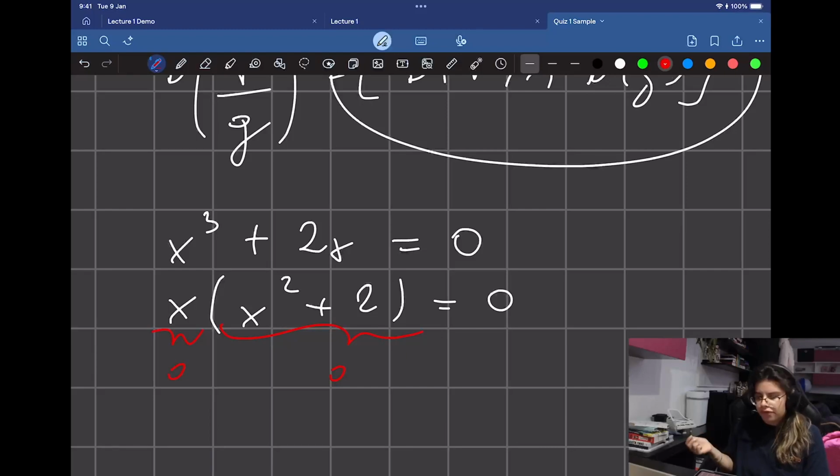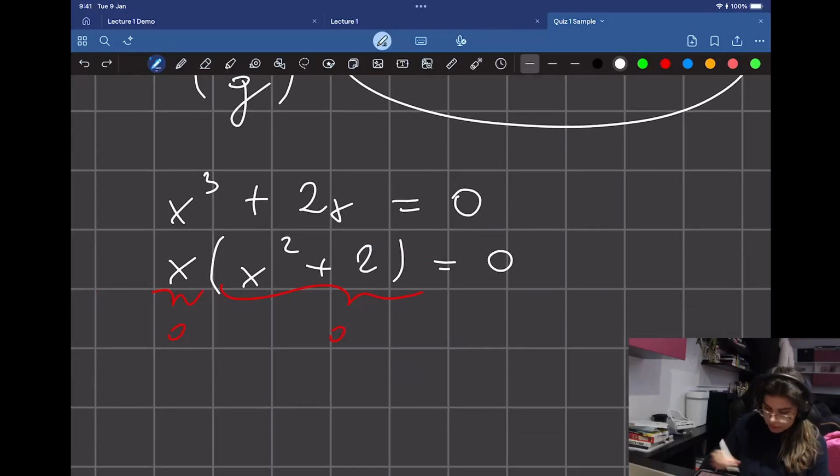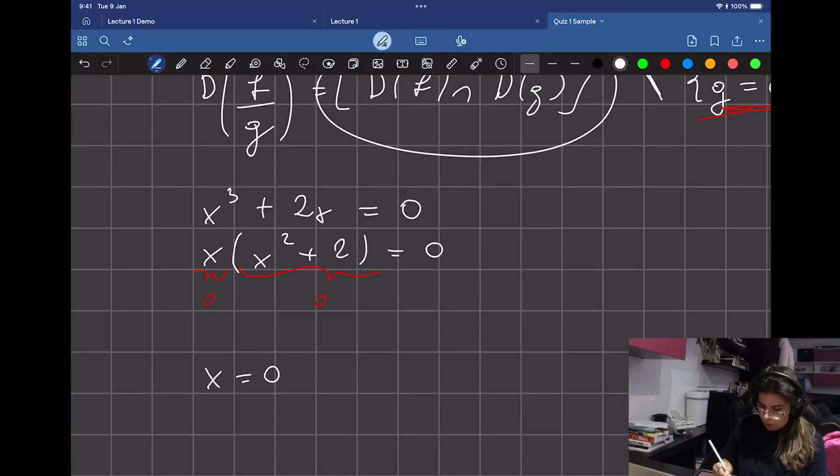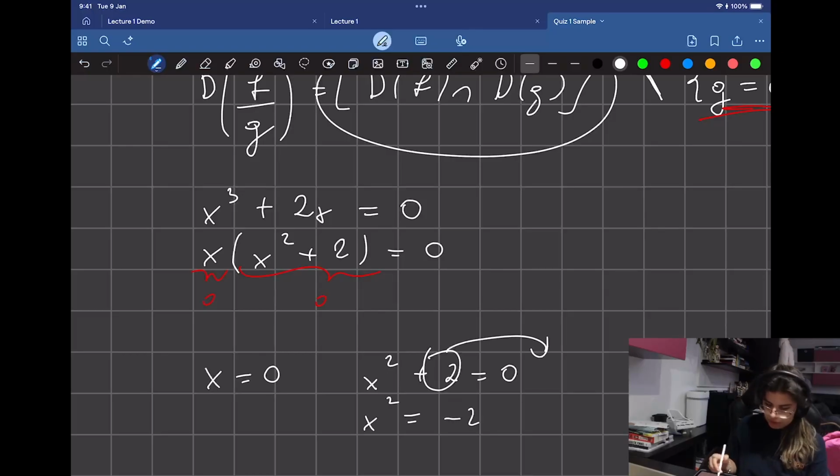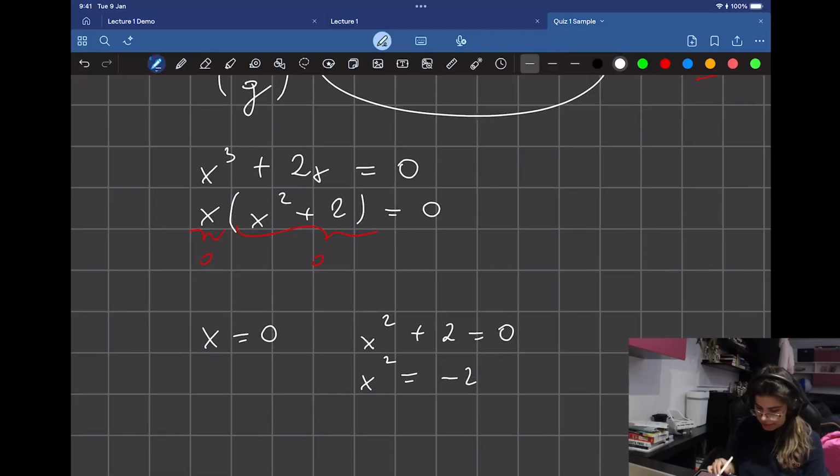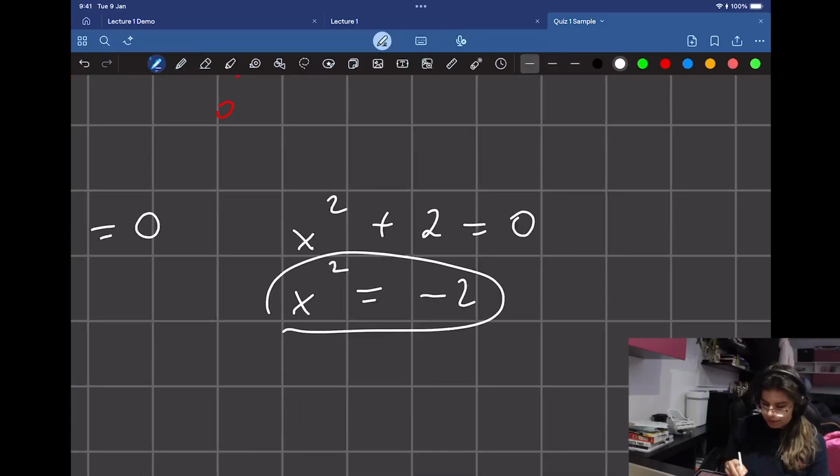Both could be 0, but one of them is enough to make the whole result 0. So my options are either x equals 0, or x squared plus 2 equals 0, meaning x squared equals minus 2, if I bring this to the opposite side with the opposite sign. But notice how this doesn't have a solution.